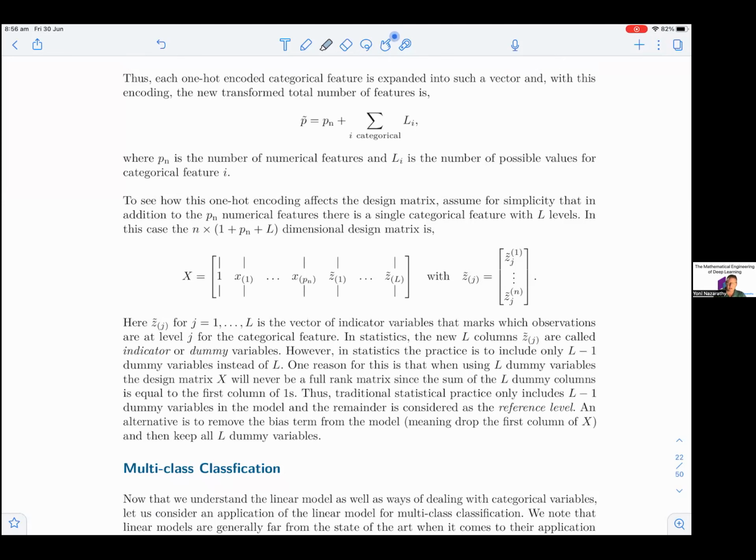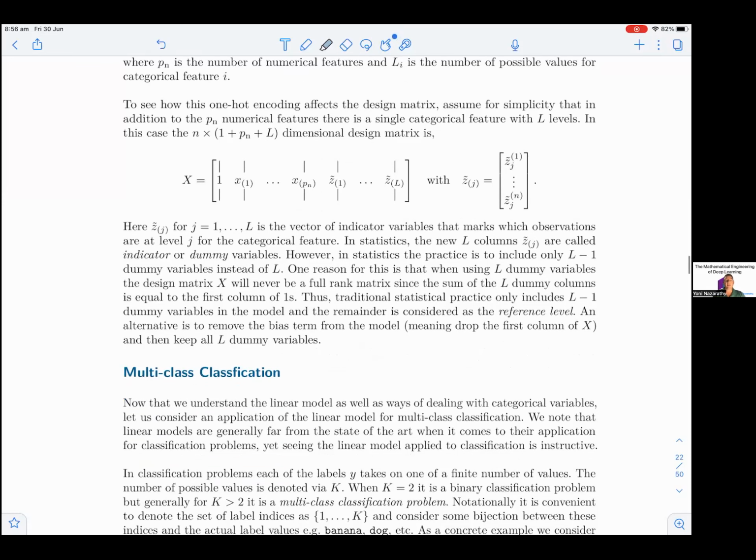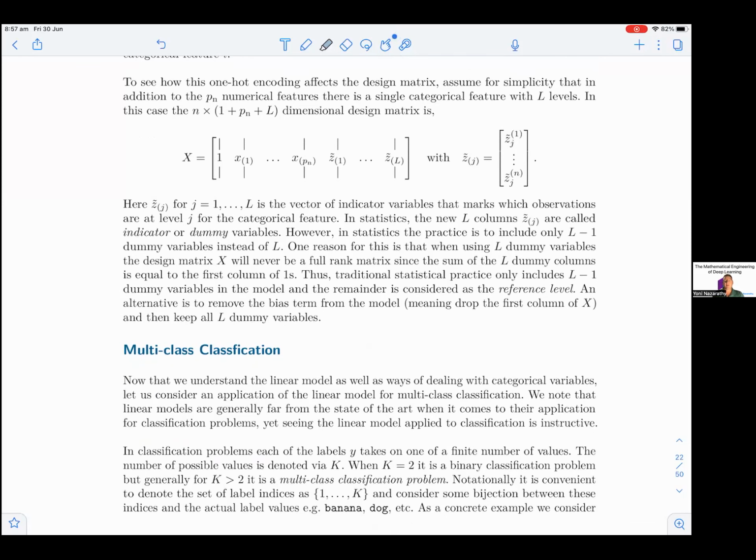To see how this one-hot encoding affects the design matrix, assume for simplicity that in addition to the P sub n numerical features, there is a single categorical feature with L levels. In this case, the n by 1 plus P sub n plus L dimensional design matrix is the matrix which you have here.